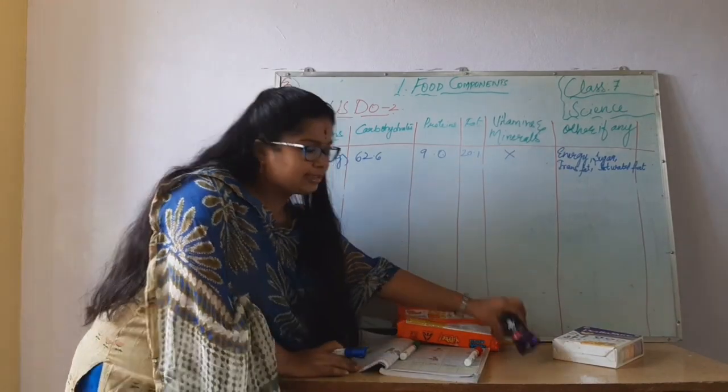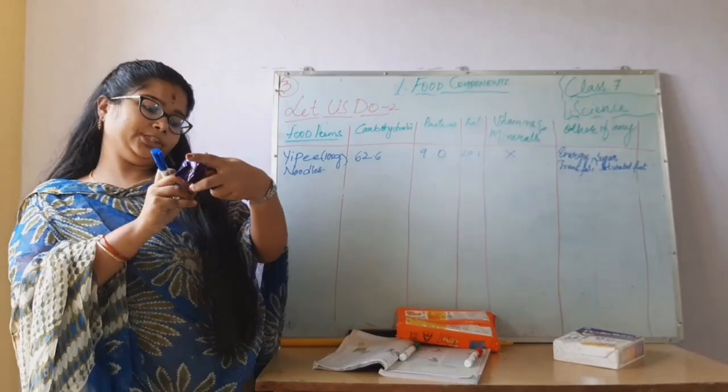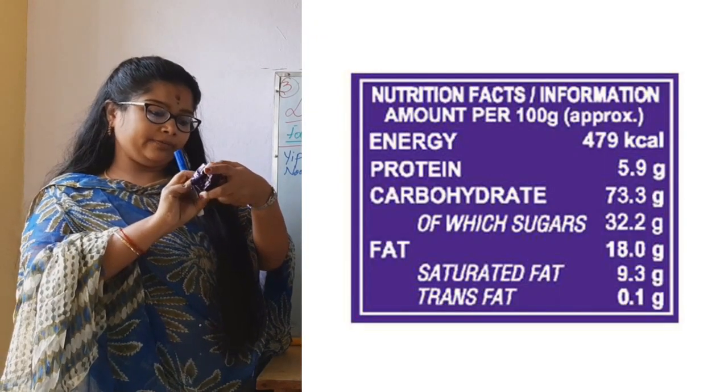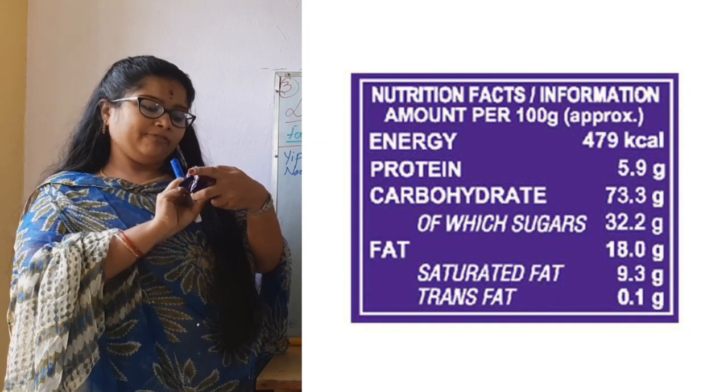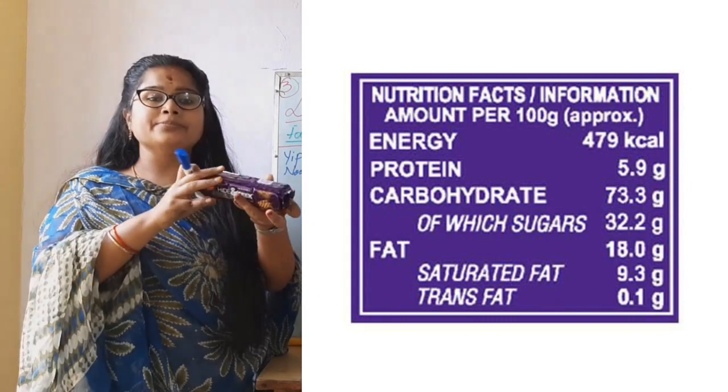Next is our Hide and Seek biscuit packet. So what are the nutrients in this? We are going to look into it. They have given nutrition facts or information per 100 grams.